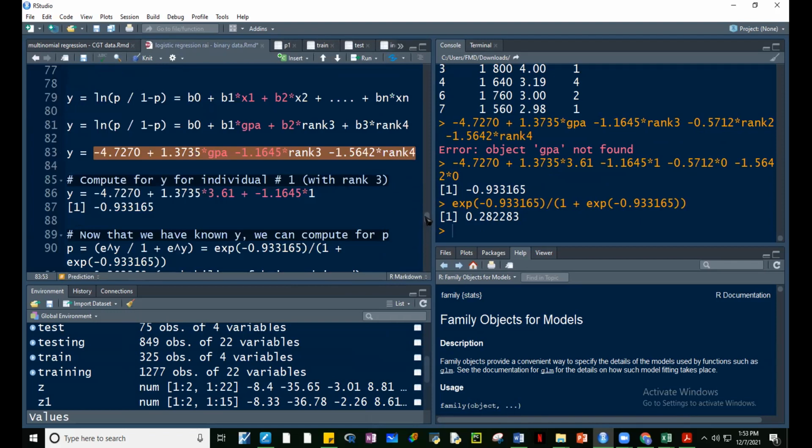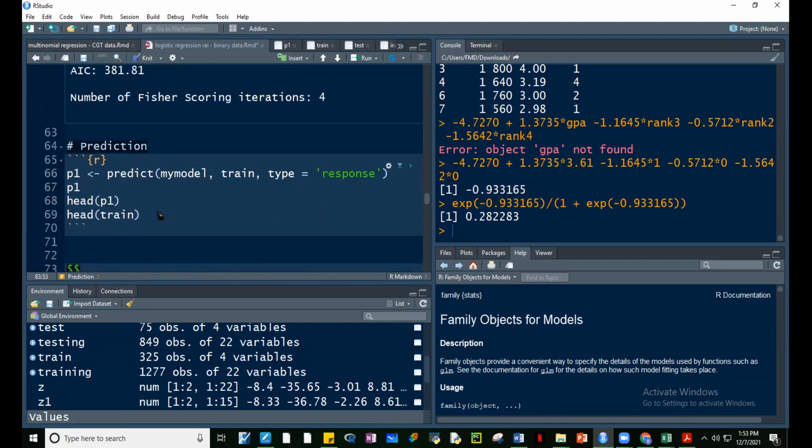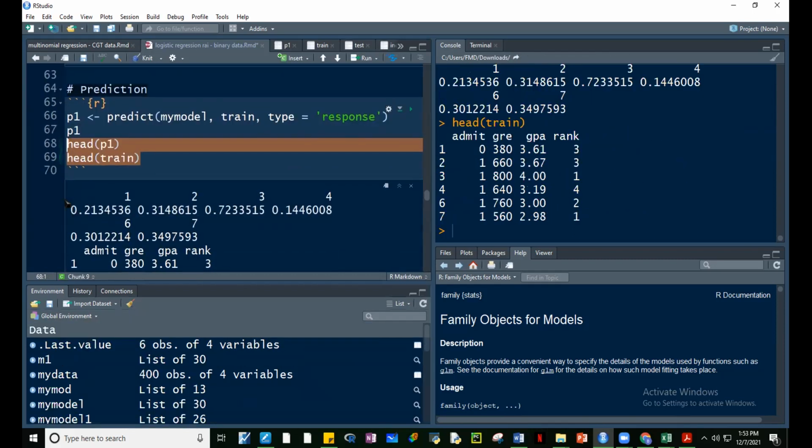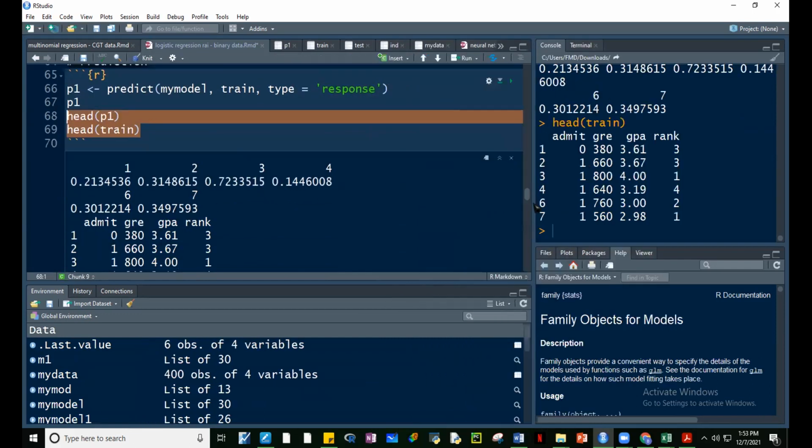Compare nga ulit natin to. 2134. Okay, bakit 2134? Mukhang malayo yata.